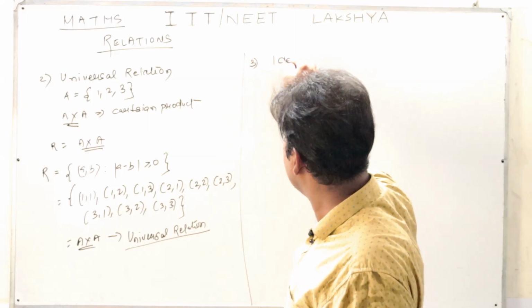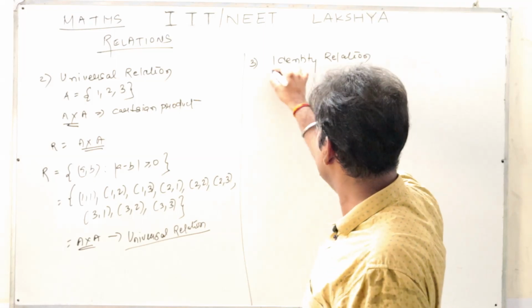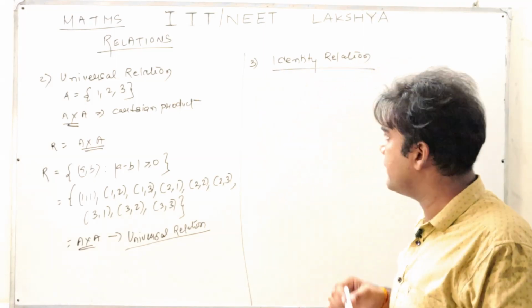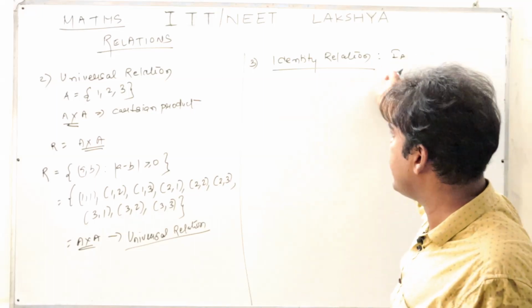Third is your identity relation. Identity relation is denoted like this, I_A. I mean that is your R, but we are denoting it as I_A.